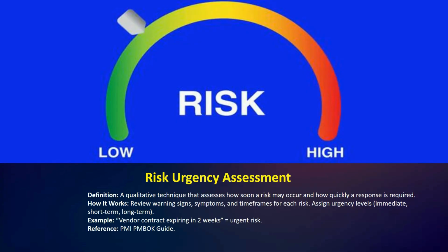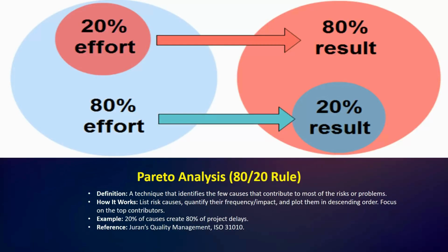After that we have Pareto analysis. Pareto analysis is also known as the 80/20 rule. It's very common. This is a powerful concept you can use in many areas of life, not just risk. The idea is that about 20% of the causes are responsible for 80% of the effects.